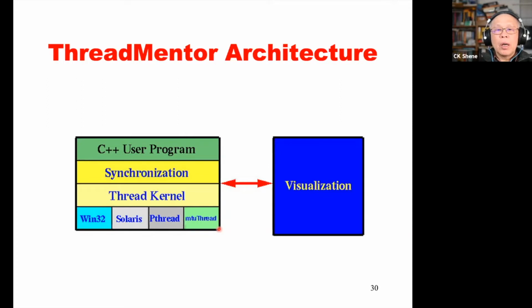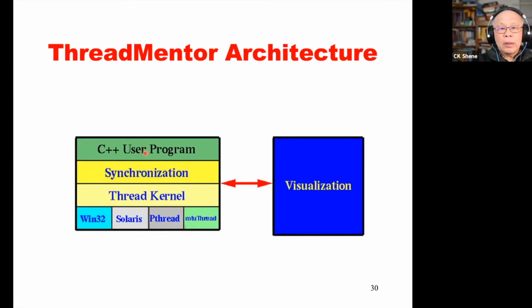So the design of ThreadMentor, as I mentioned, is basically helping you see the internal execution behavior of your threaded program. So the architecture of ThreadMentor is a class library and a visualization system.